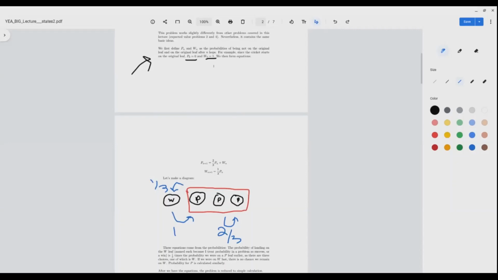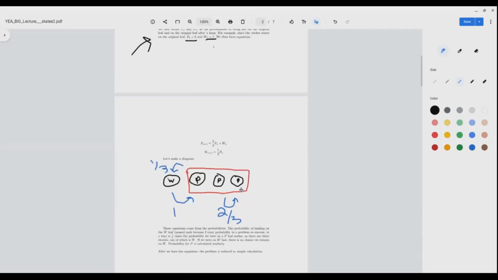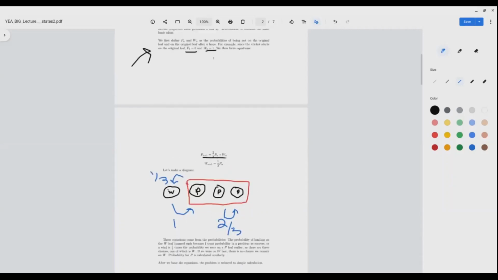No matter whether the frog goes to this P or this P or this P, it's still not going to be on W, and it still has the same chance of going back to W, which is 1/3. And if you're on P, then there's a 2/3 chance that you stay on the P's, because if you're starting at this P, for example, there's 1/3 chance of going here, 1/3 chance of going here, 1/3 chance of going here.